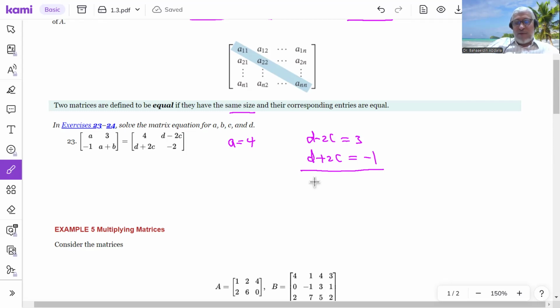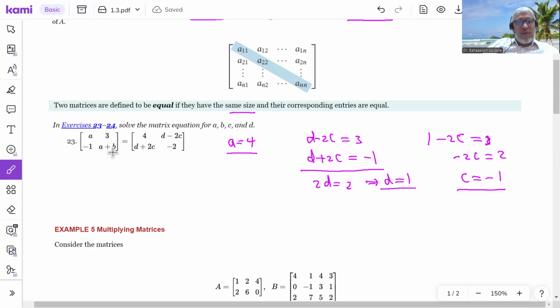If we add the two equations, we will have 2D equals 3 minus 1, which is 2. So D is 1. And then we can replace D by 1 anywhere in the first equation. 1 minus 2C equals 3. So -2C would be 3 minus 1, 2. So C is -1. So we have A, B, and C. We need to solve for all the letters.